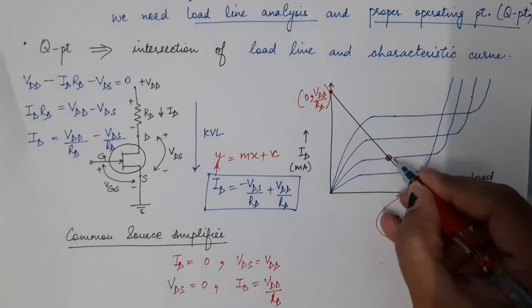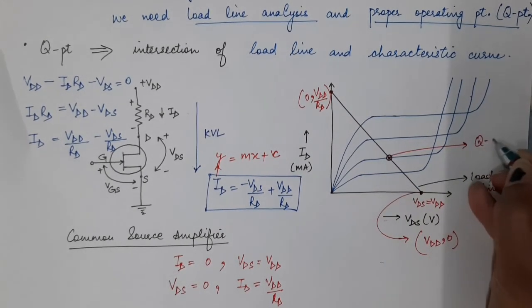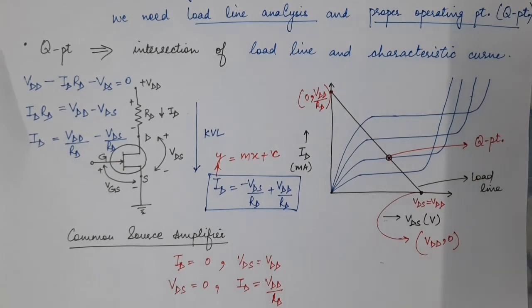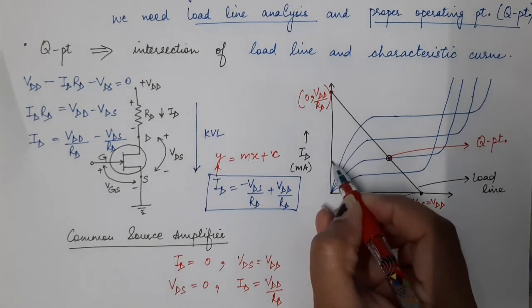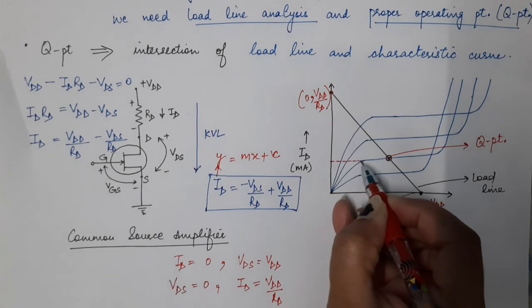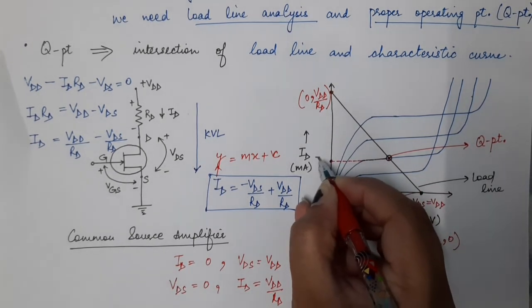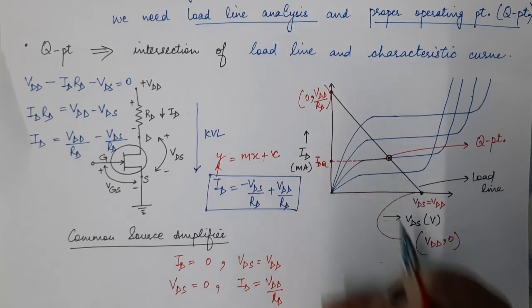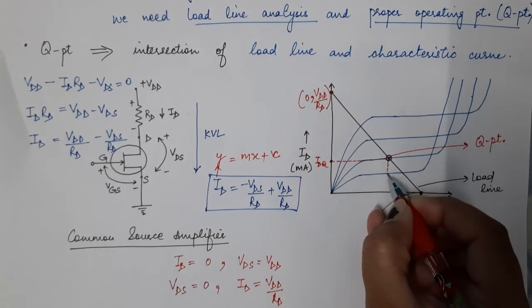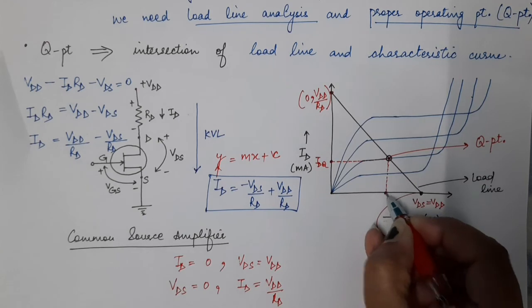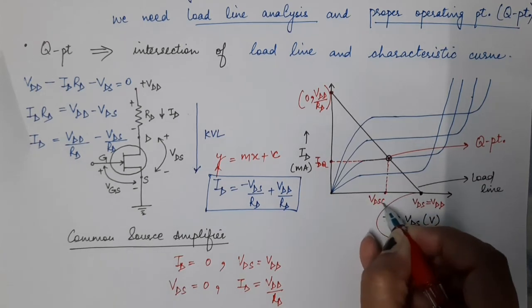So this is the Q point. And from this Q point, we will come to know the proper value of ID corresponding to the Q point and the value of VDS corresponding to the Q point.